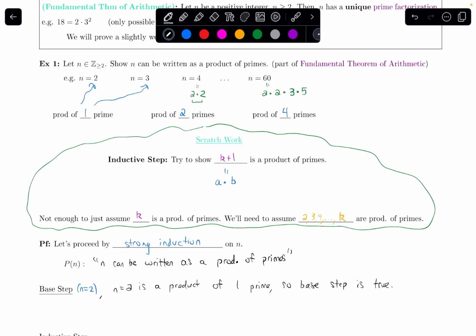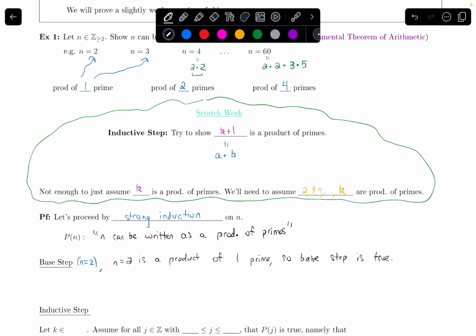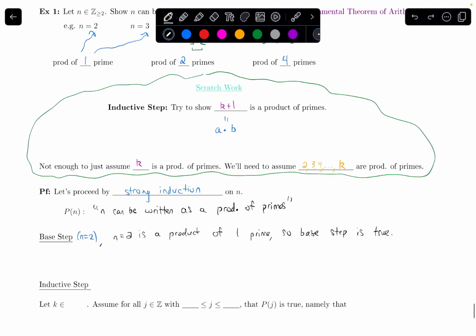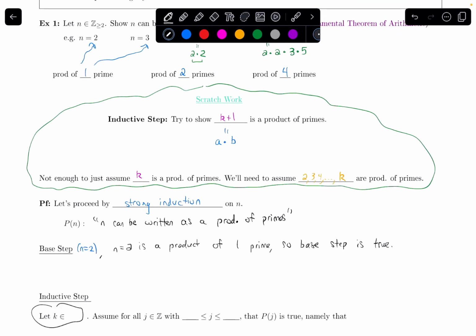Awesome. As we've seen in our previous examples, often the base step ends up being pretty quick to show. The inductive step is where the work really happens. So we start off the inductive step by saying, I'm going to let k be an arbitrary element of whatever set we are trying to show the statement is true for, which is integers greater than or equal to 2 here.